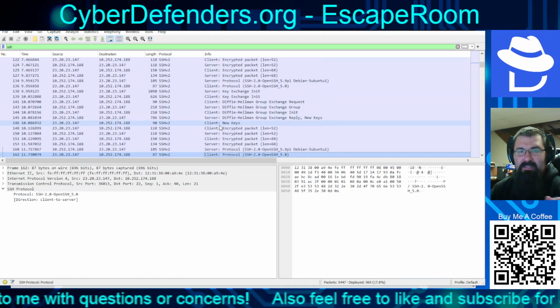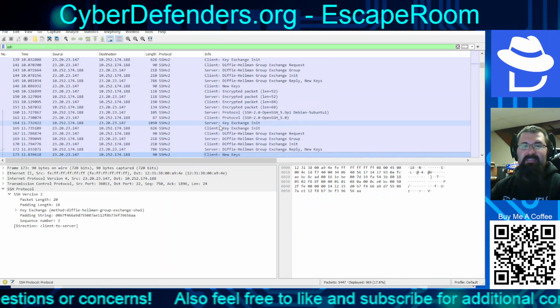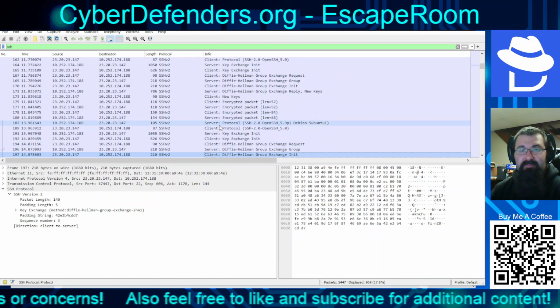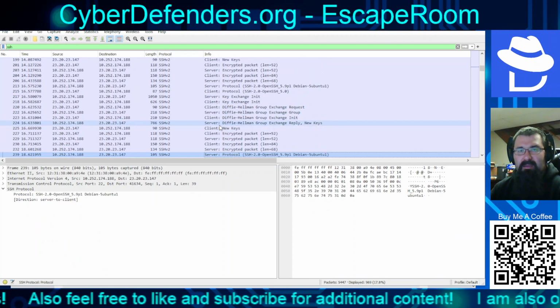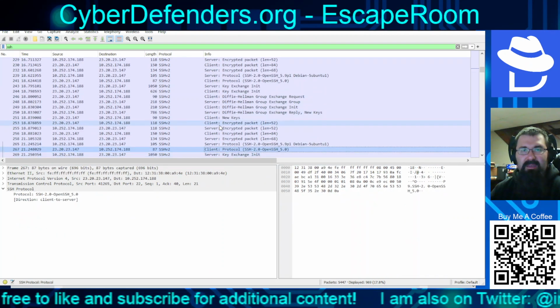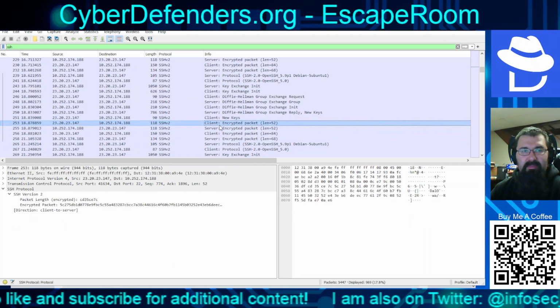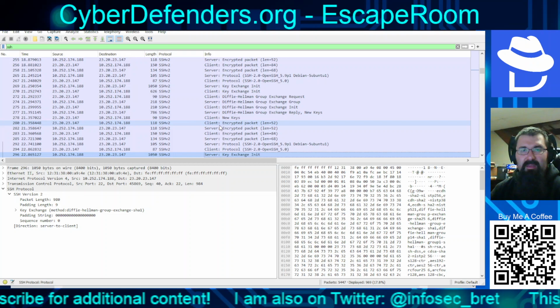But the fact that there's just back and forth for keys, the exchange constantly from the same host, I mean, my first thought would be brute force, because it's just constantly back and forth.